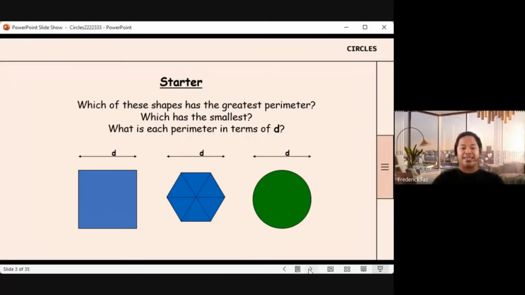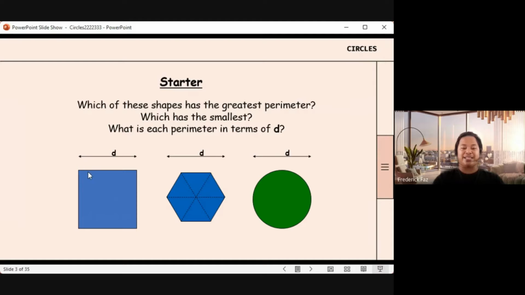Let's start with these shapes po. Which of these shapes has the greatest perimeter? I know naman na alam niyo na din yung definition ng perimeter. And which has the smallest? What is each perimeter in terms of D? So, yung ating batayan po dito is yung length ng one side ng square.